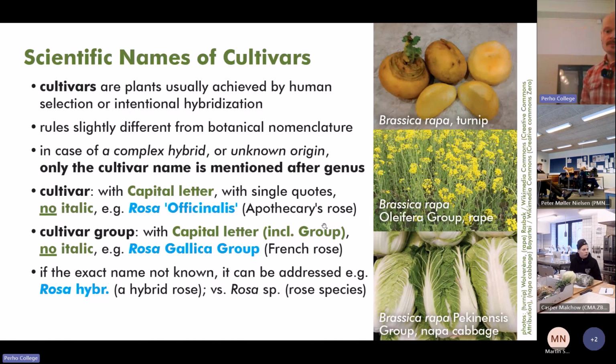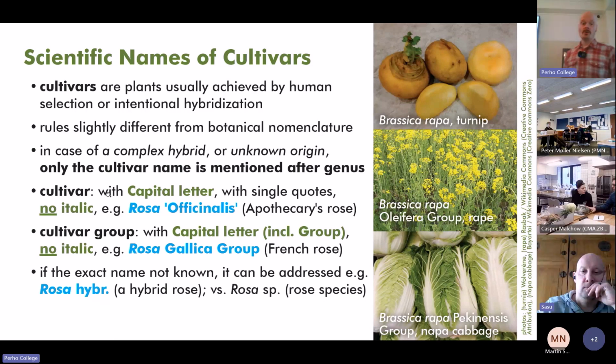For example, here, 'Apothecary's Rose' is Rosa 'Officinalis'. So there's the generic name and the cultivar name. The cultivar name is always written with a capital letter, or actually each word is written with a capital letter. And there are also single quotes around the cultivar name. And they are not written in italics.